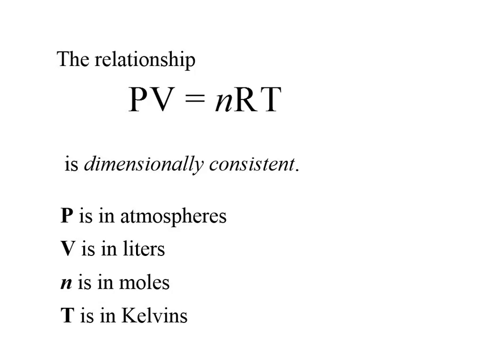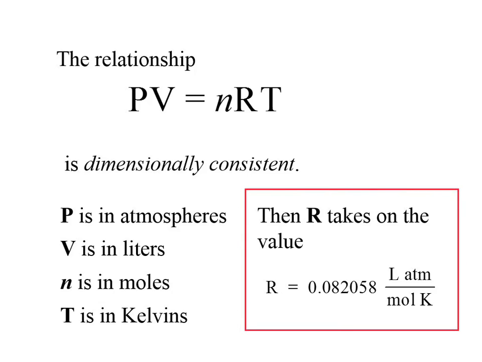So here's the deal then. Because you set in stone the P, V, N and T, the value of R, in order for your problems to work out, will have units of liters atmospheres per, that means it's in the denominator, mole Kelvin.